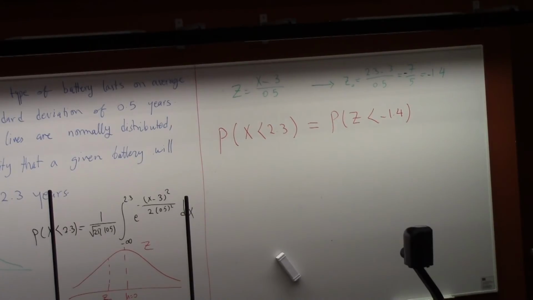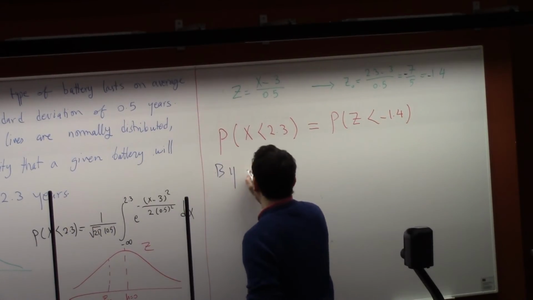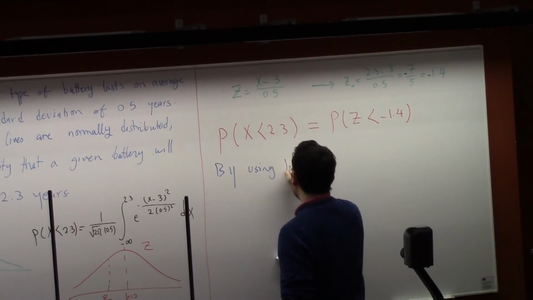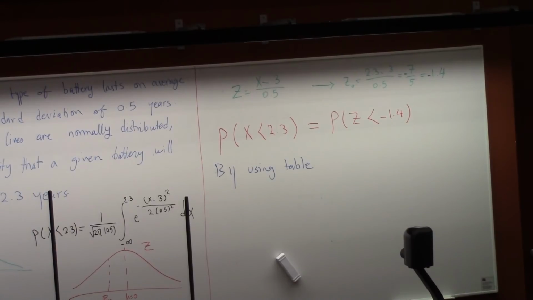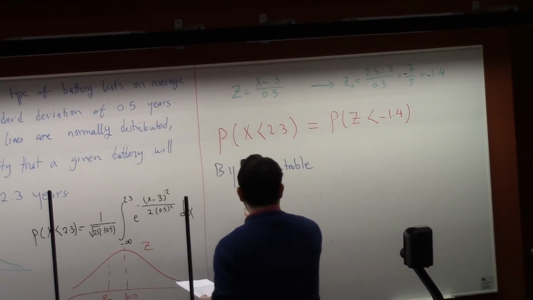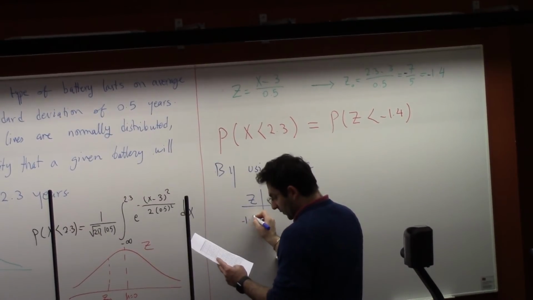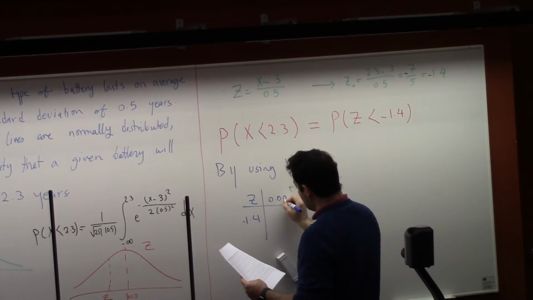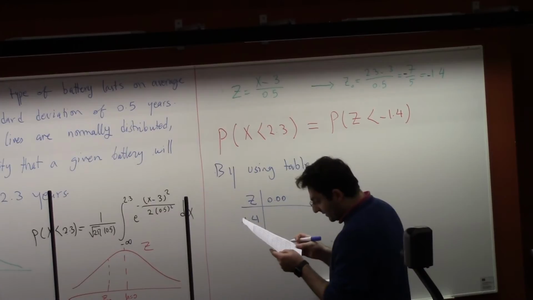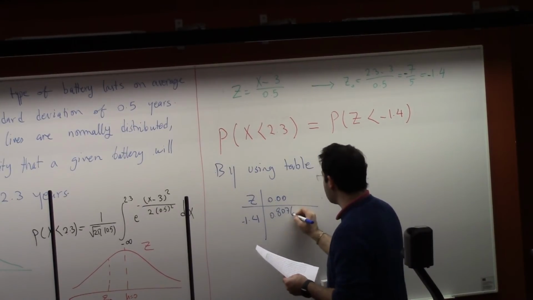And by using the table, we go and look at this one, minus 1.4, the first value which is 0.00, and you will get 0.0808.